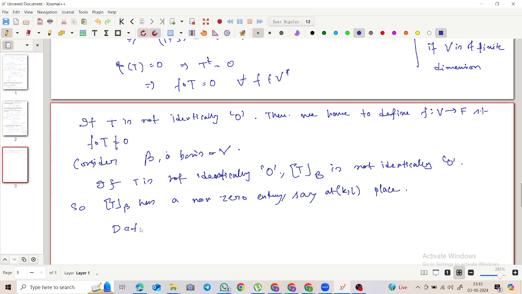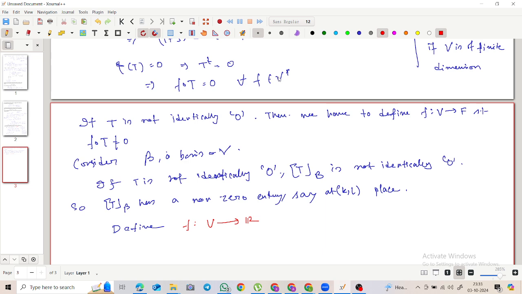So we are defining f. If f is on V star, or just a minute.